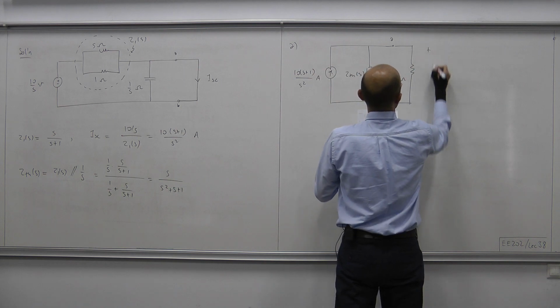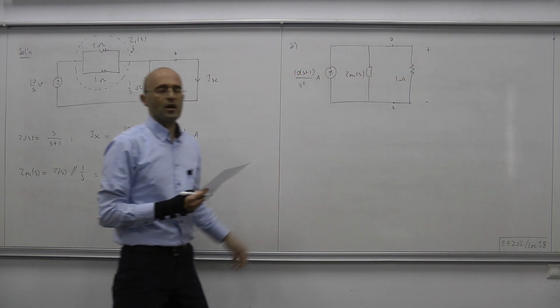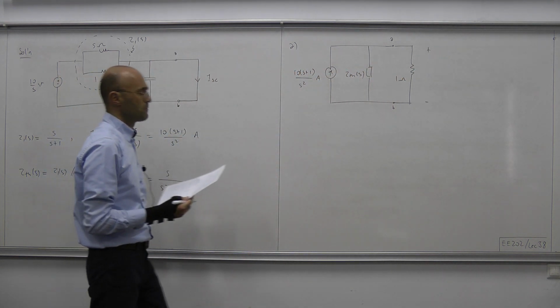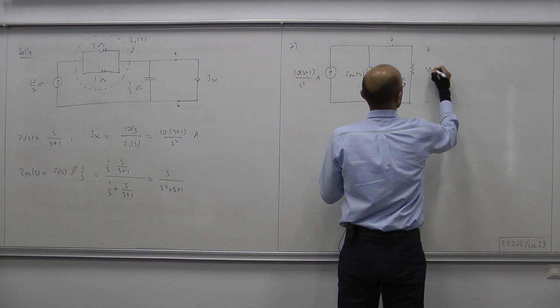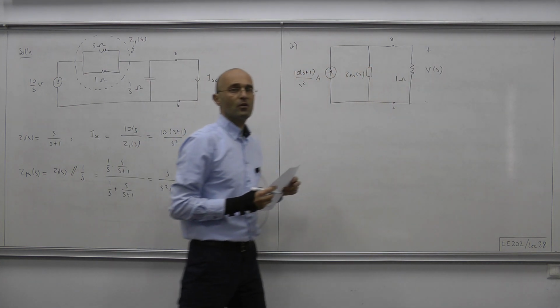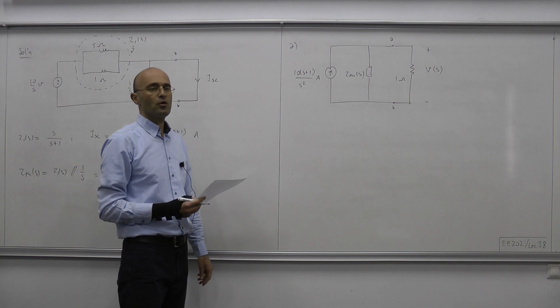And then what we're after is the voltage across the terminals of the load, V of S. Okay. And it's very easy to compute using the Norton equivalent circuit.